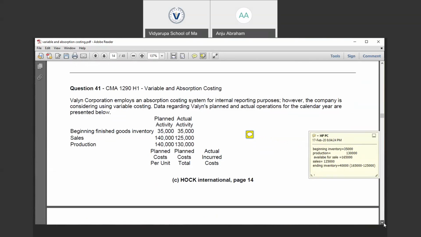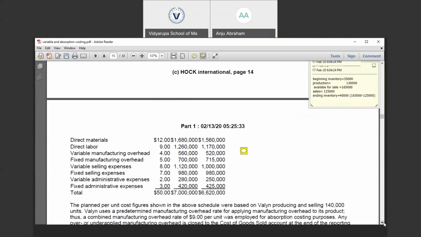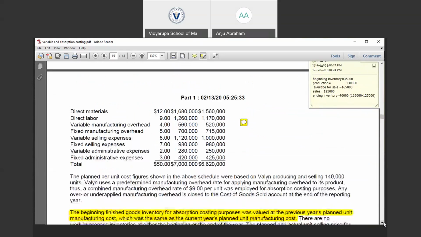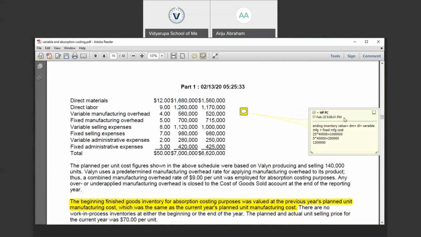And we need to compute the cost for this ending inventory. So ending inventory cost consists of variable manufacturing cost as well as fixed manufacturing cost. So variable manufacturing cost includes direct material, direct labor plus variable manufacturing. This per unit equals 12 plus 9 plus 4, it will be 25 into 40,000 is the inventory level. So total variable manufacturing cost would be 1 million, and fixed manufacturing cost is 5. 5 into 40,000 units is 200,000.